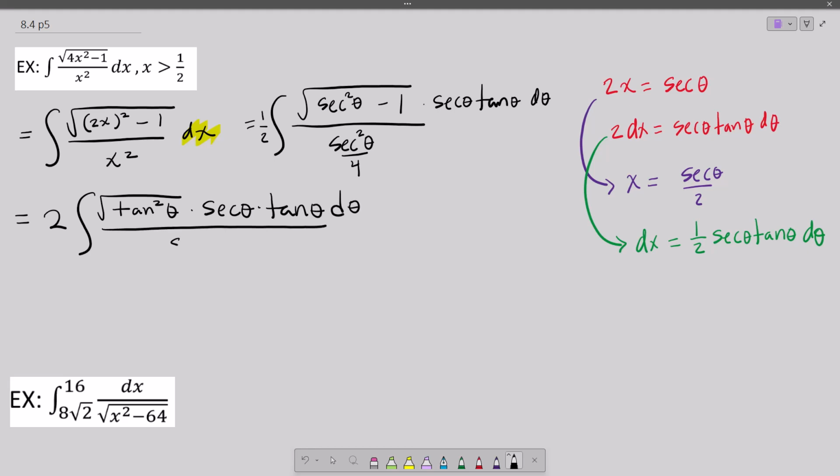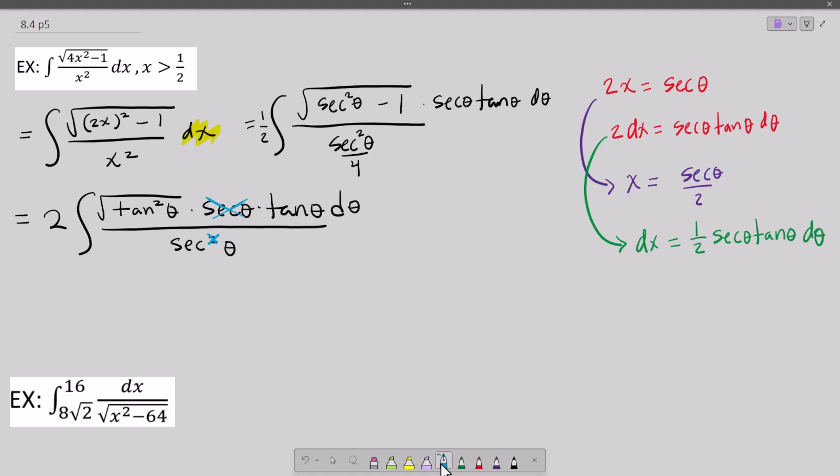Oh, I guess we could have canceled out a secant. We'll do that now. So one of these secants is going to go away. That's going to cancel with that exponent. And the square root of tangent, we're going to assume that there's no funny business. It's an indefinite integral.